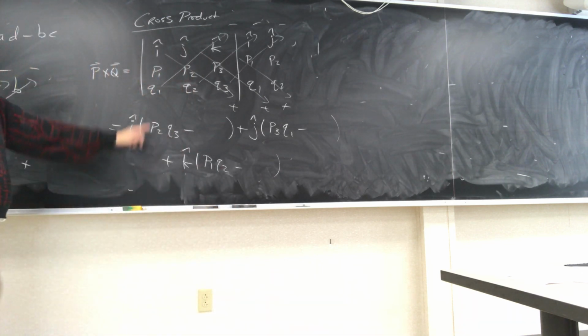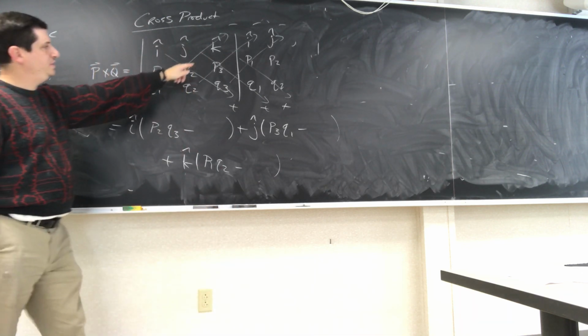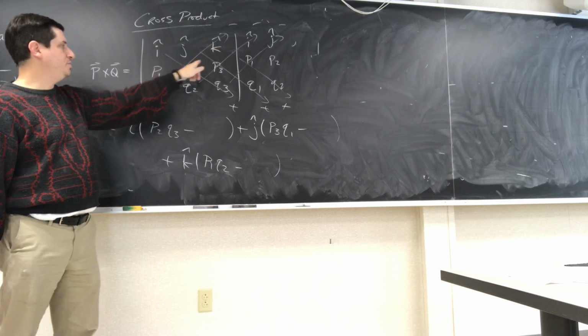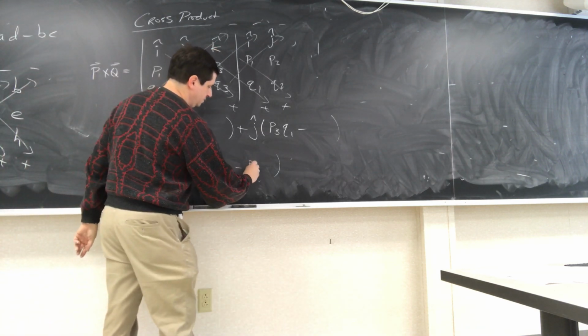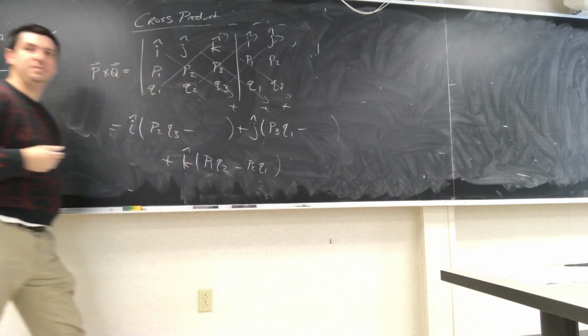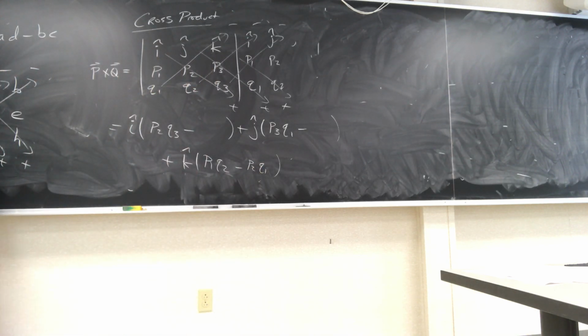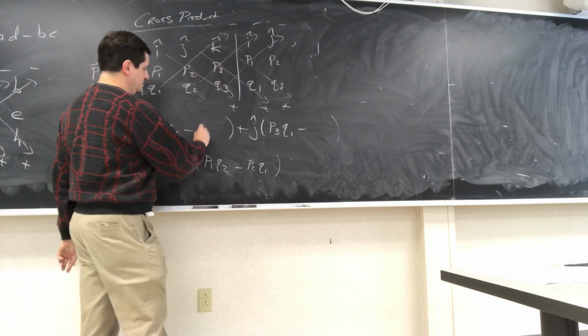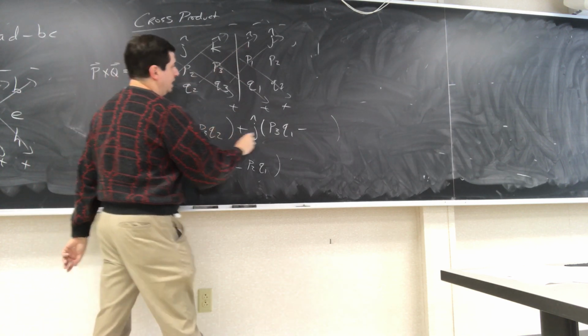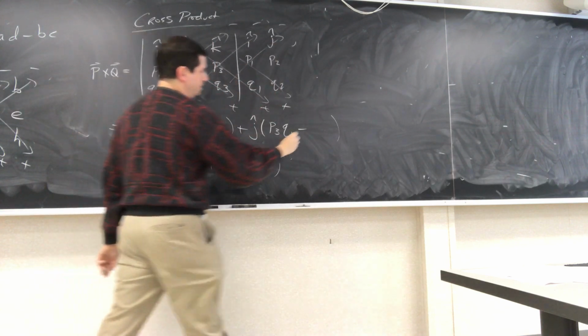Now we look at the minuses. The first one is q1, P2, k hat. So that's going to be P2, q1, k down here. I'm always writing my P's before my q's. The next one for here is going to be P3, q2 with an i. And then the last one will be P1, q3 with a j.